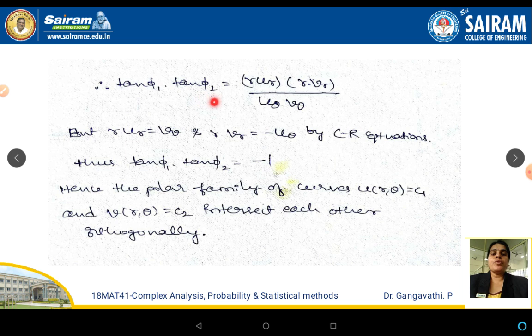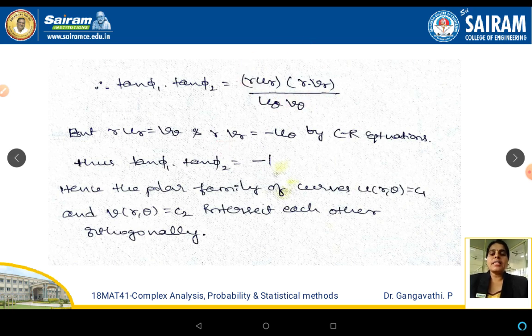In order to prove that, let us substitute for tan phi 1 and tan phi 2 and use the CR equations. The CR equations in polar form are given by r ur is equal to v theta and r vr is equal to minus u theta. Let us use these CR equations in this formula.